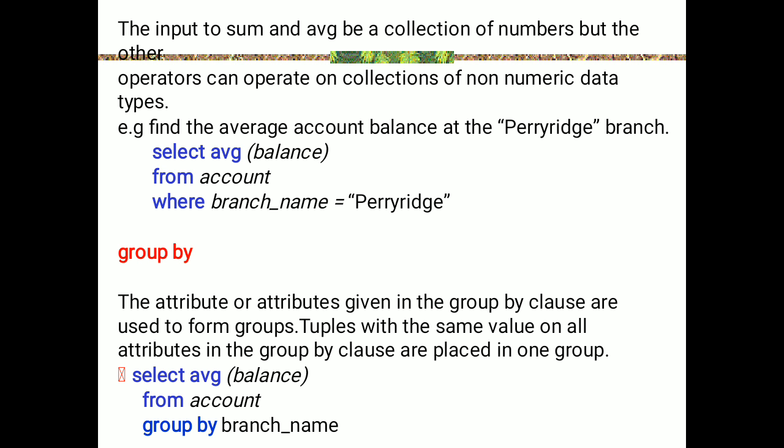So what is the average balance of CSE department? What is the average balance of IT department? What is the average balance of mechanical and average balance of civil department, that you will get in one particular table. So select AVG balance from account group by branch name. So the data is grouped as per your requirement, group by branch name. So all the data will be grouped with the branch name.